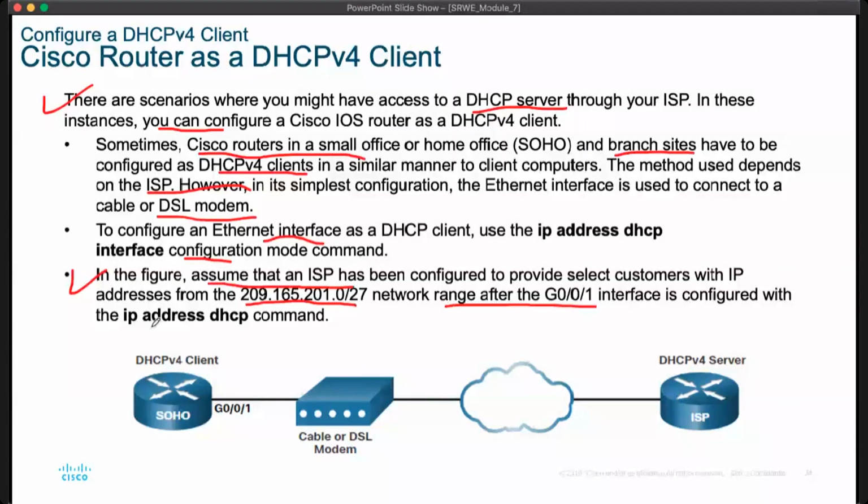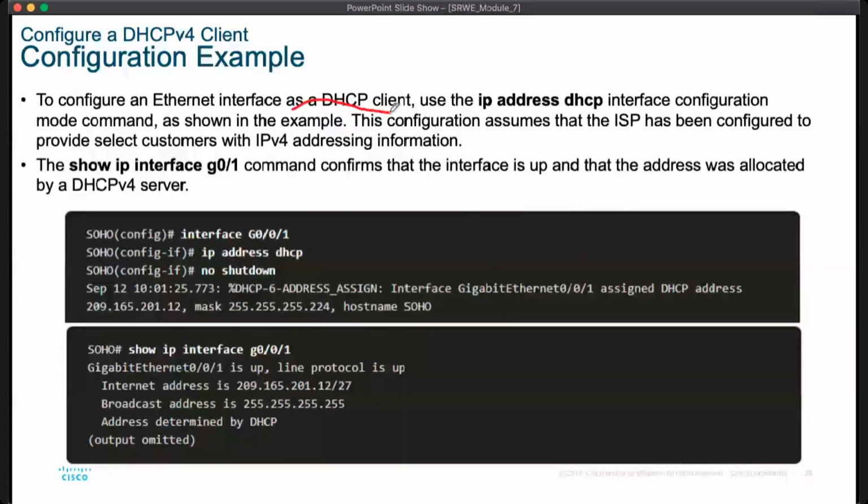Configuration example. To configure an Ethernet interface as a DHCP client, use the ip address dhcp interface configuration mode command as shown in the example. This configuration assumes that the ISP has been configured to provide select customers with IPv4 addressing information.